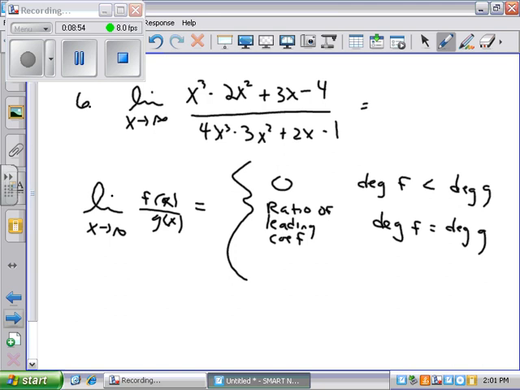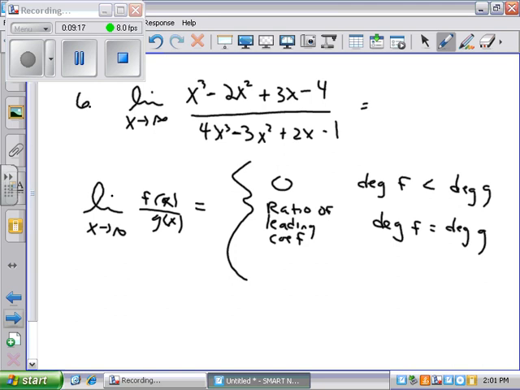And what do you mean by degree? The degree is the highest power of x. So in other words, the degree of this numerator is 3. The degree of the denominator is also 3 because the highest power of x is 3. So when the degree of the numerator is less and you're taking a limit, and this is only true when x is approaching infinity, you get 0.